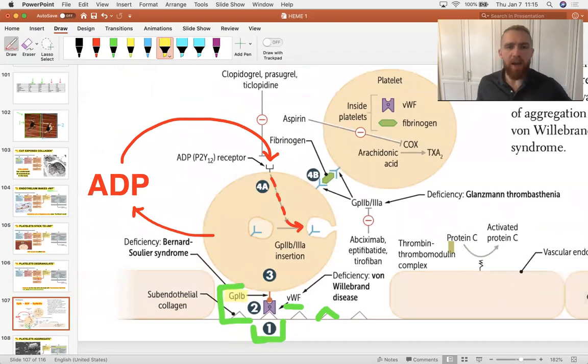So anytime you see a glycoprotein, GP1b or GP2b or GP this or that, what that means is that the platelet is sticking to something else. So in this case, it's, again, the vessel wall. First, your platelet has to stick to a vessel wall before it can think about sticking to other platelets. That's why it's called GP1. It's the first glycoprotein that's activated.